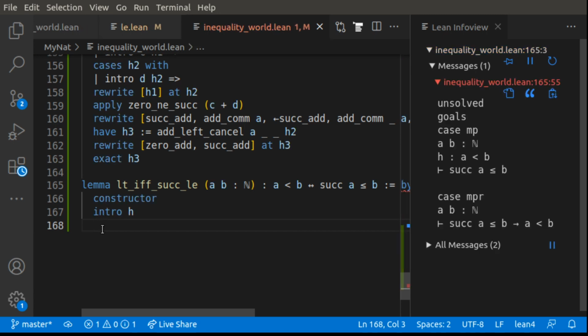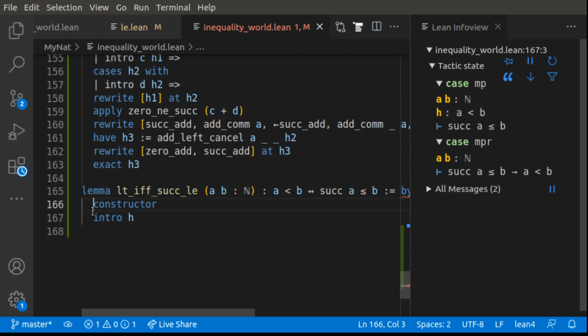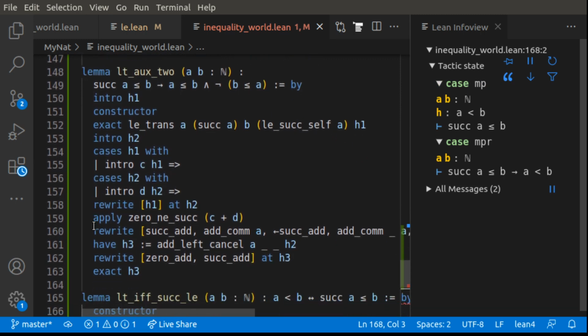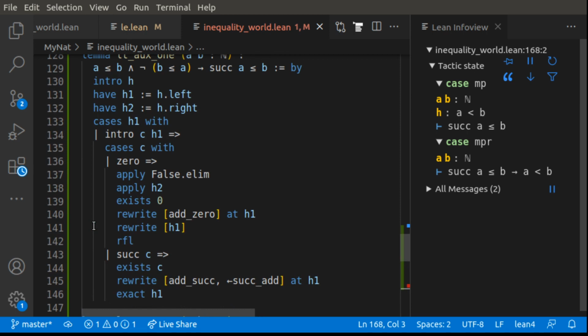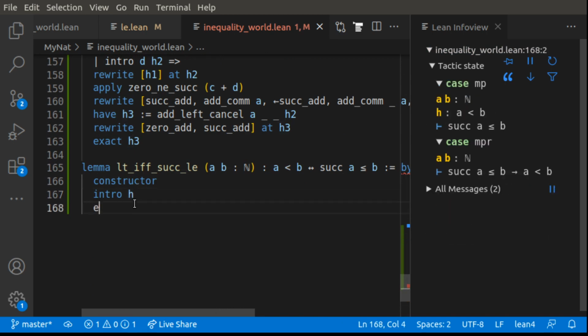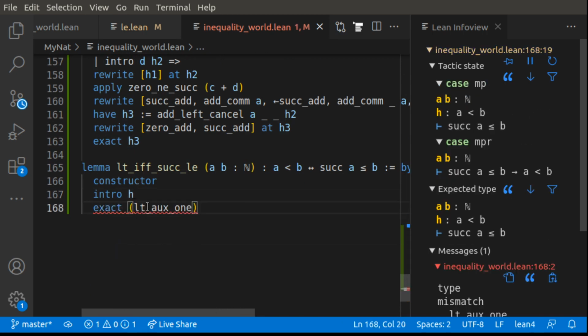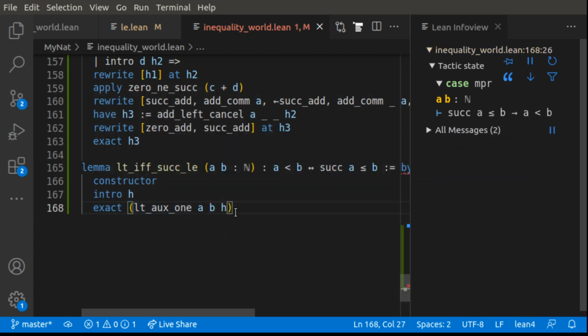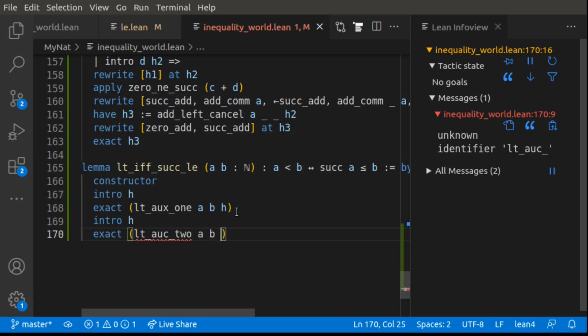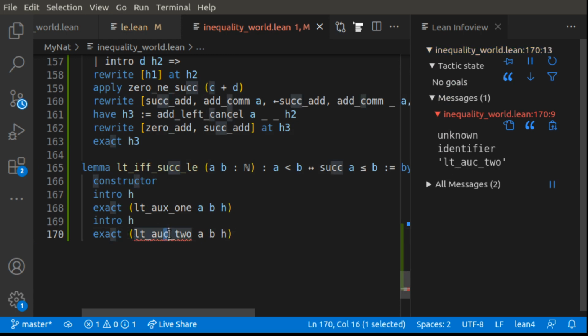Intro H. And now we can apply exact. See, this should take A, B, H. Nice. And then intro H again. Exact LT aux2 A B H. Spelled aux wrong for auxiliary.